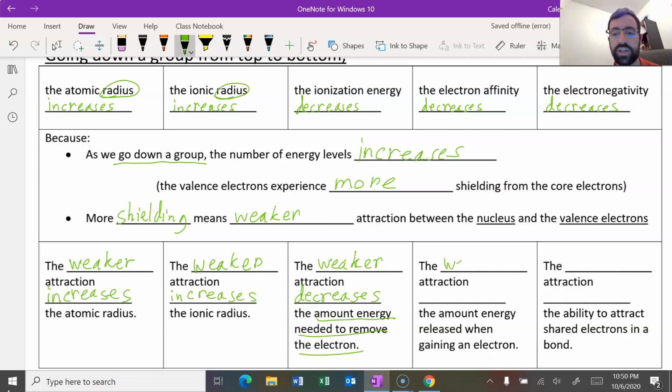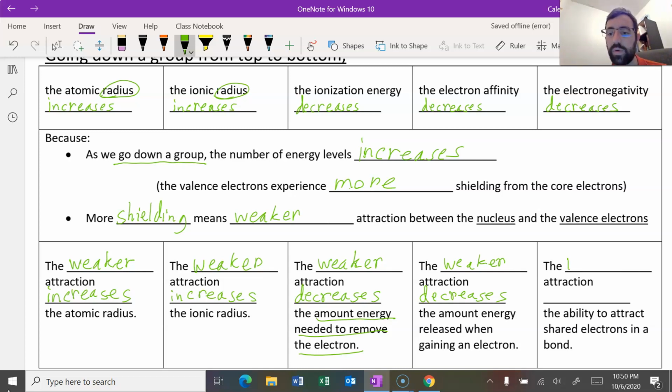The weaker attraction decreases the amount of energy released when gaining an electron. It's not as favorable, it's not as likely for an atom to gain extra electrons if it already has a weak attraction with the electrons it has.